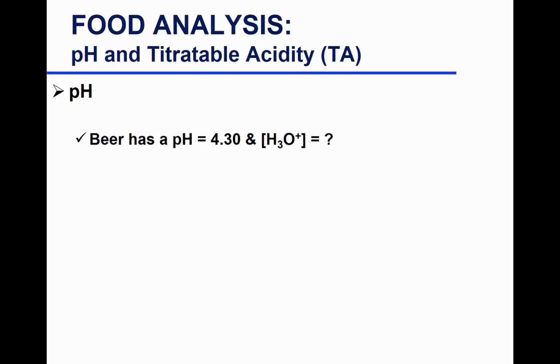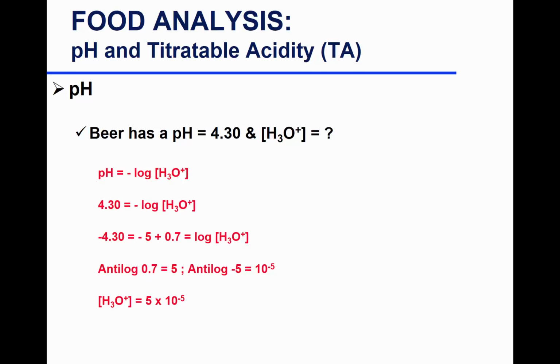5.0 times 10 to the minus 5. Yes. Very good. So basically you can also do it stepwise. I like to do things stepwise. Some of you might just do it in 1 step. So I changed this number in a way that I get a whole number. So minus 4.3 is minus 5 plus 0.7.